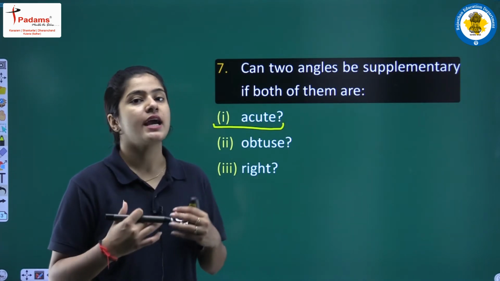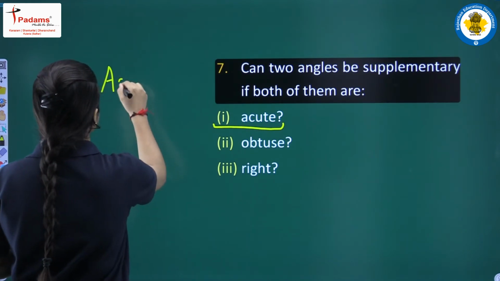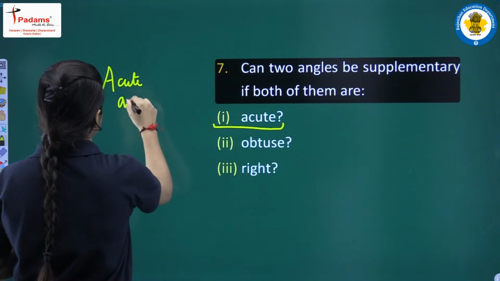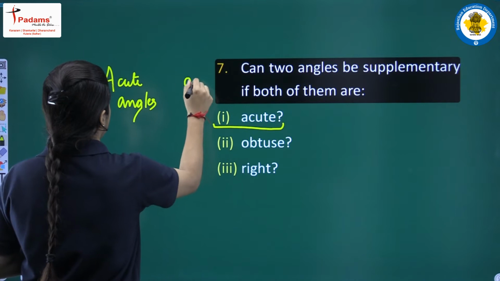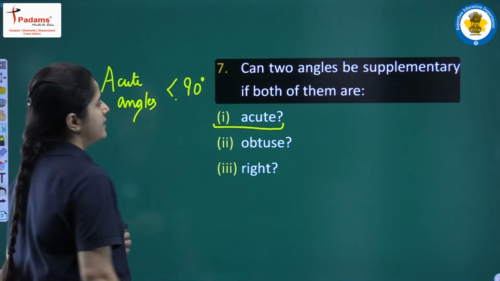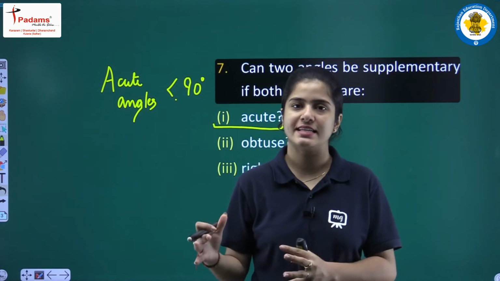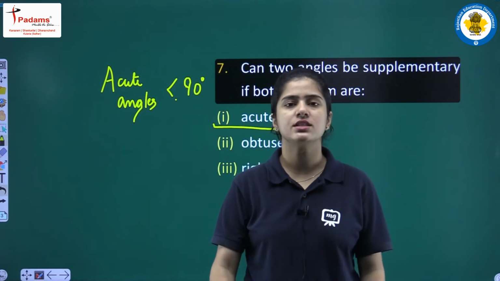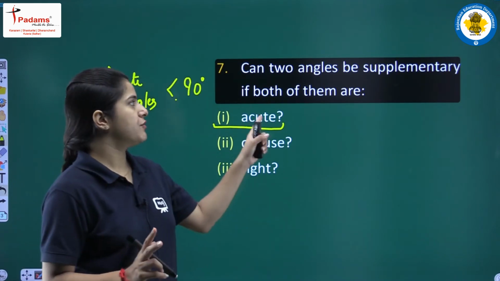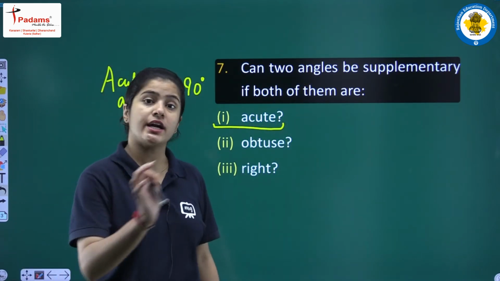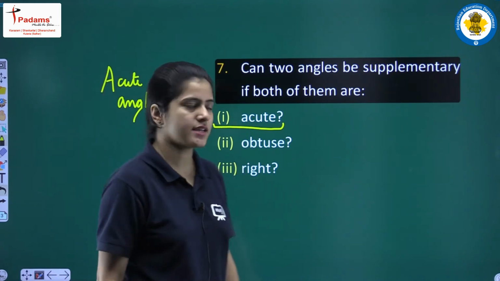So basically acute angles are always less than 90 degree, okay students. For example, if you are considering any two angles that are acute, then can they be supplementary? We have to find out that thing, okay students.